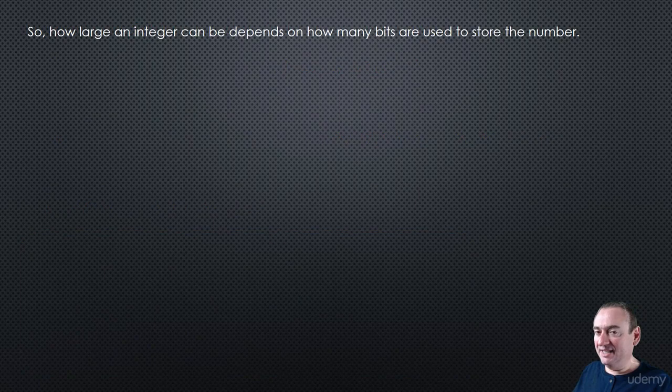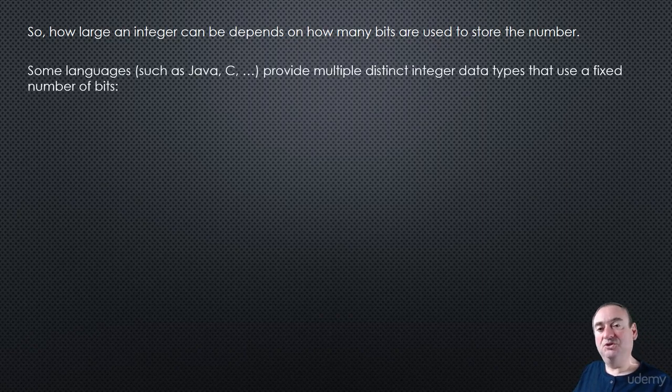But basically, how large an integer can be depends on how many bits you want to use to store the integer. So some languages, like Java and C, actually have different data types for different lengths of integers. And so they have a fixed number of bits, and you have to decide as you're writing your code, thinking, well, I'm going to use an integer here.